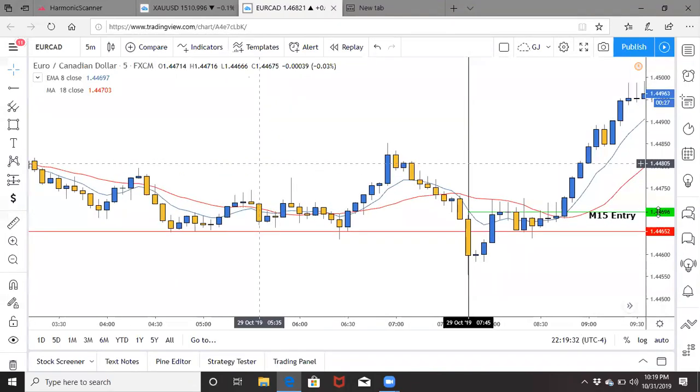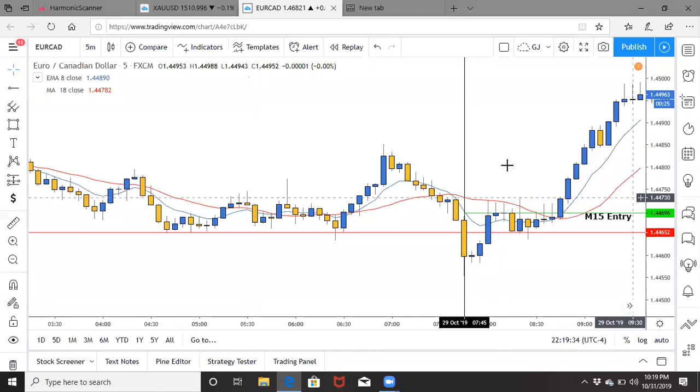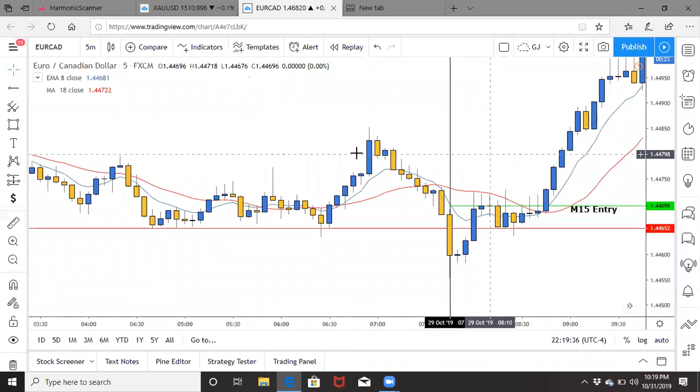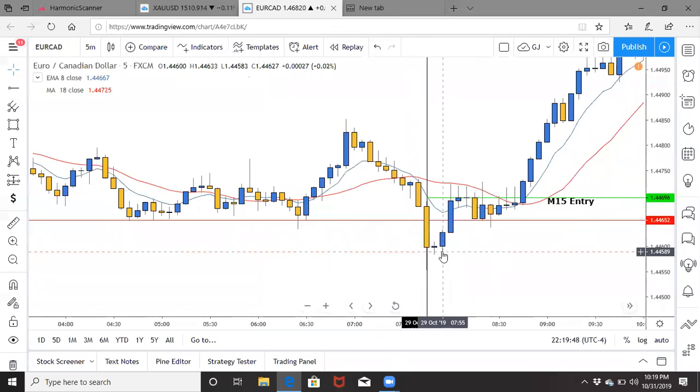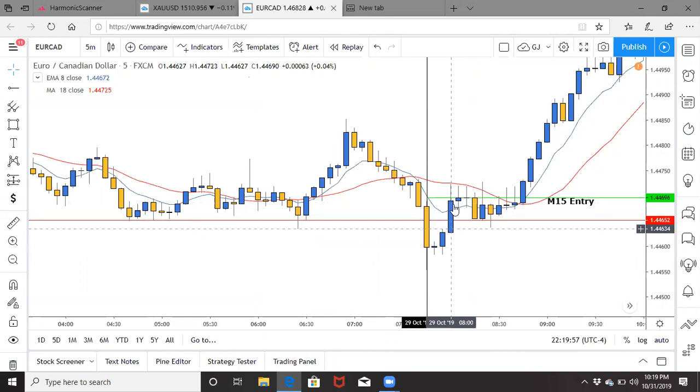If y'all look, price came down here. Scanner called the trade after this M5 candle closed. Came up. So M15 candle. So these 4 candles, that's why that M15 candle looks like that, right?